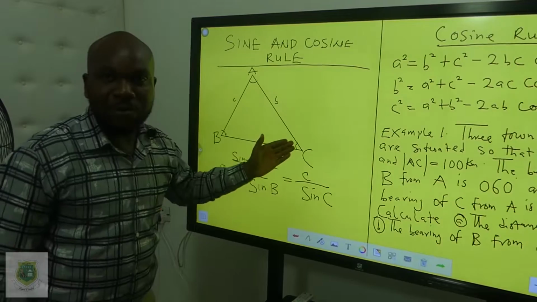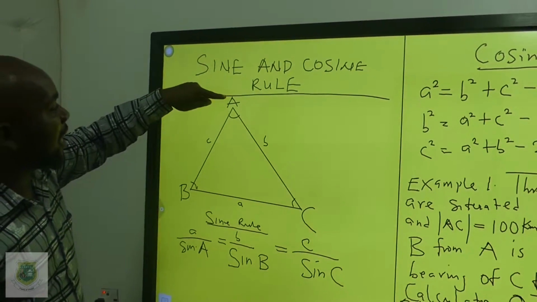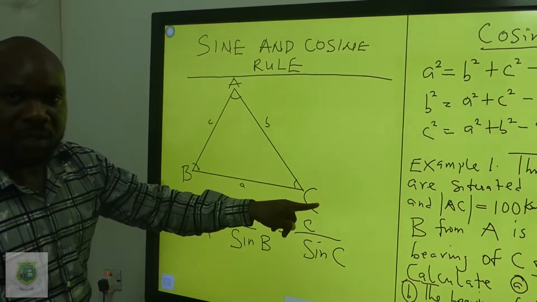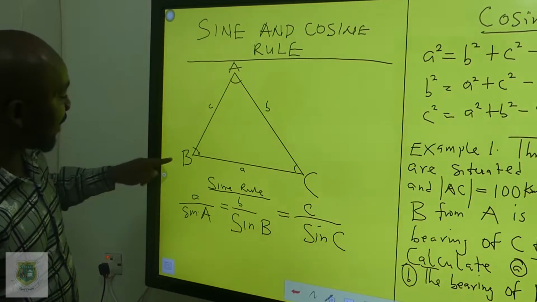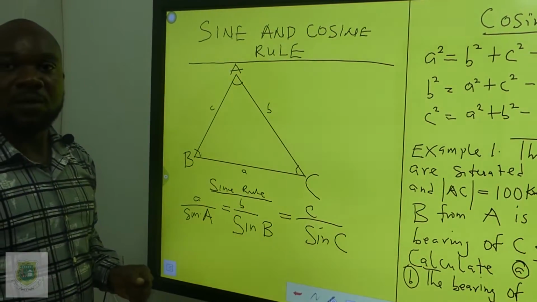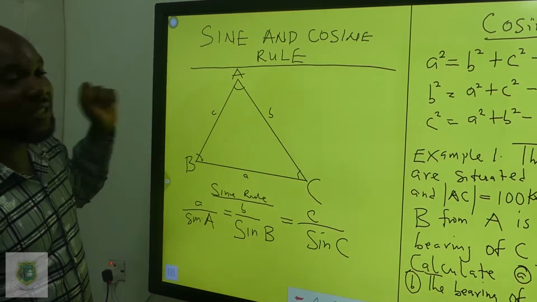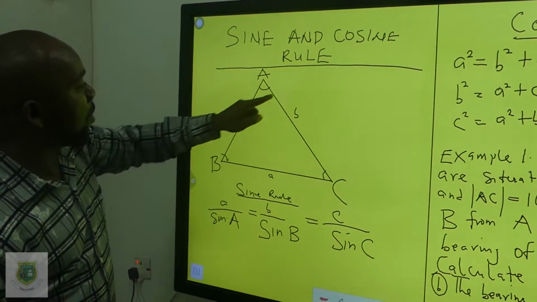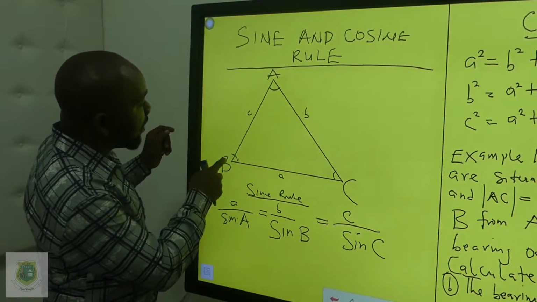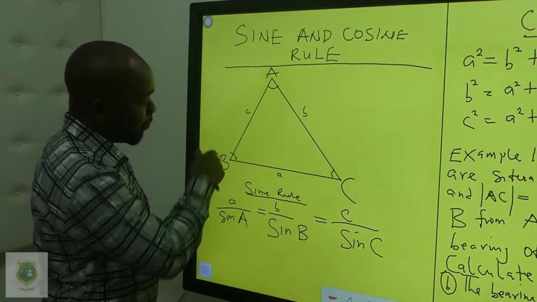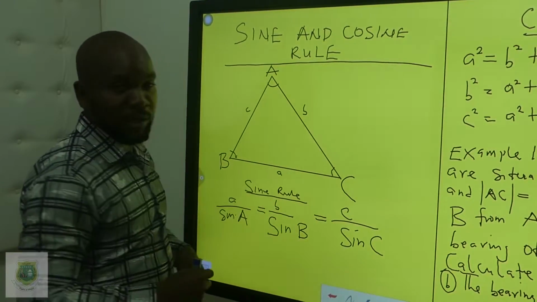If you have a triangle like this, the capital letters A, B, C represent the angles at these points. If this is capital C, here should be small c. Small a, small b, small c represent the distances, such as from B to A, A to C, and B to C.